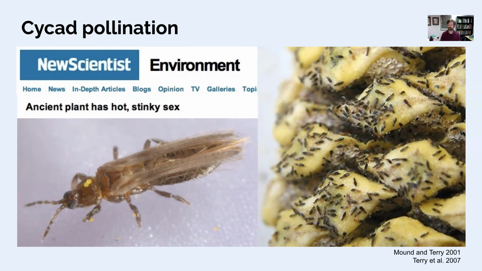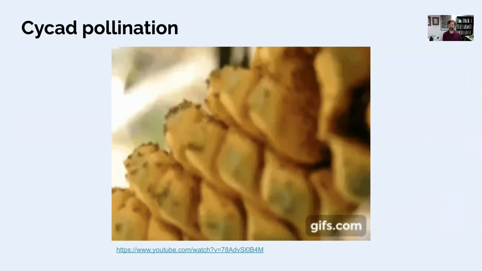This is a bunch of thrips. These are the scales of a pollen cone. So this is attractive to thrips that come visit it. They found that there is a process in the plant where it is attractive to these thrips, and then it is repulsive to the thrips. So it draws them in with an attractive scent, and then it kicks them out.